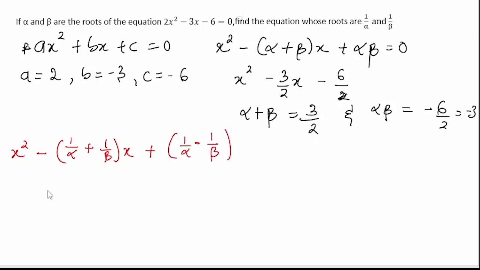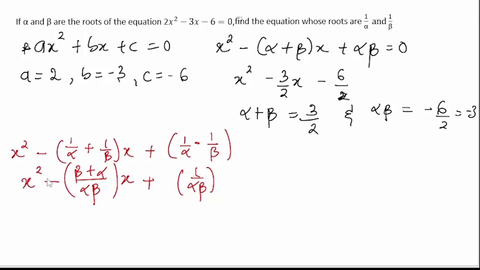If we simplify this, the LCM is alpha beta. We have beta plus alpha over alpha beta, and the product is 1 over alpha beta, because 1 times 1 is 1 and alpha times beta is still alpha beta. All this is equal to 0. This is the way the equation will look.